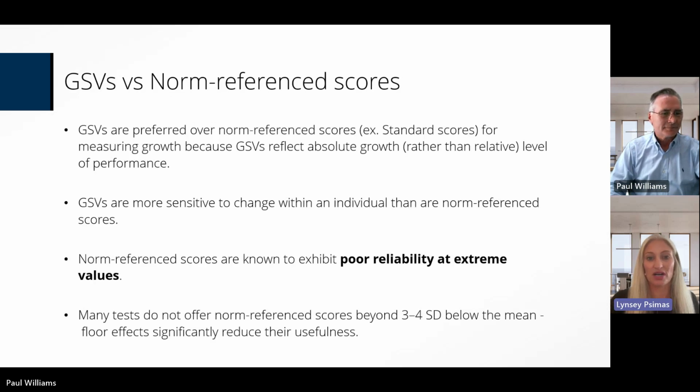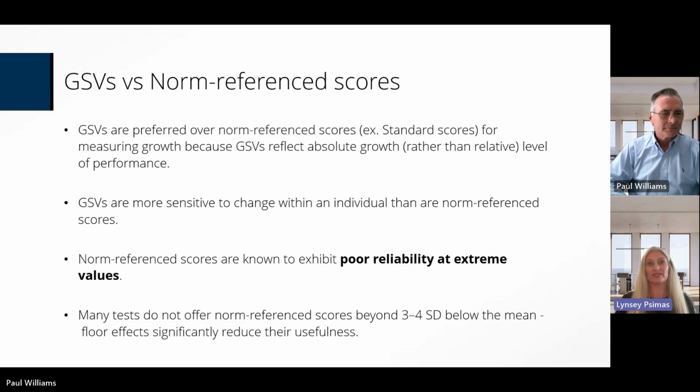So next, we're going to talk about GSVs and norm reference scores. We know that we use norm reference scores a lot for documenting diagnoses and treatment planning and disabilities, but they really don't have the same ability to measure growth because GSVs reflect absolute growth rather than a relative level of performance like norm reference scores do.